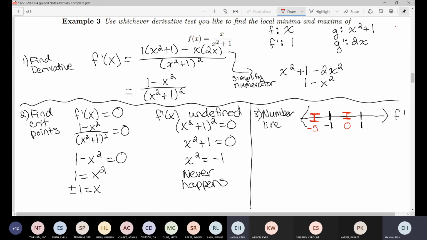Sometimes you're forced to pick decimals, but if you're not. And then something greater than 1. I like to be symmetric, so I'm going to pick 5 over here, too. Again, it does not matter what number you pick. As long as you did everything else right, it shouldn't matter. So we take those test points and we plug them into the derivative.